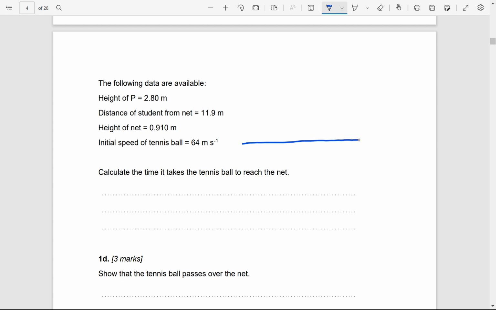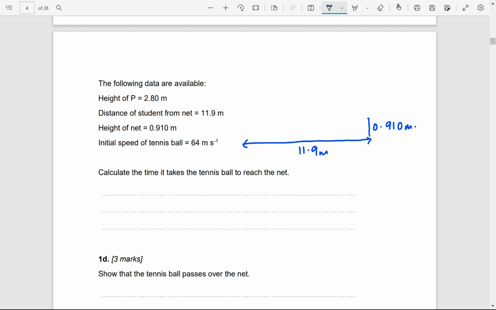So I'm going to draw a distance to the net, which is 11.9 meters. I'm going to draw the net, obviously not to scale here, 0.910 meters.